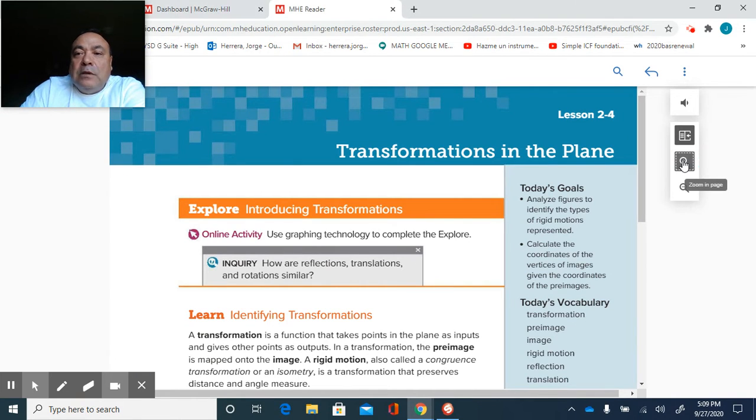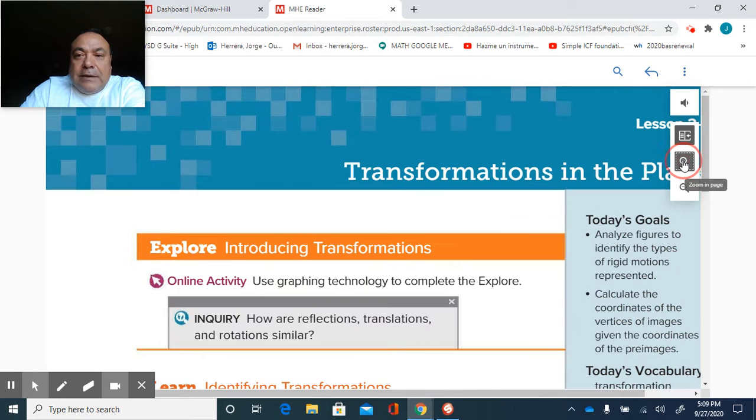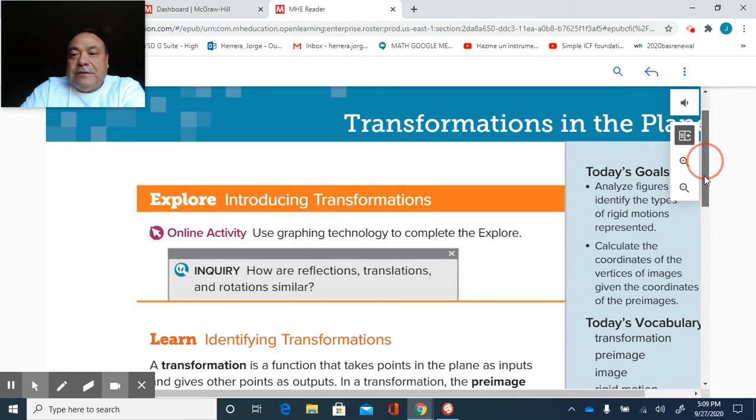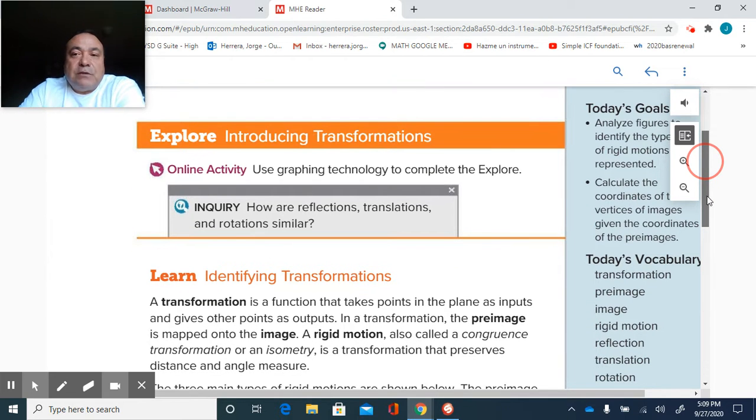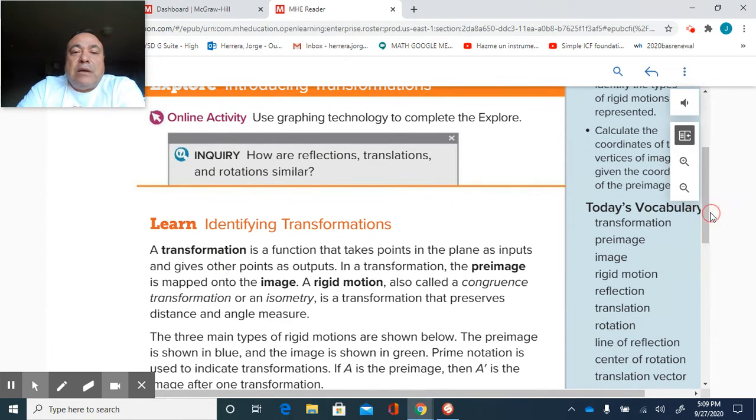What we have here, guys, is that we need to analyze figures that have rigid motions. A rigid motion is also called a congruence transformation or an isometry.